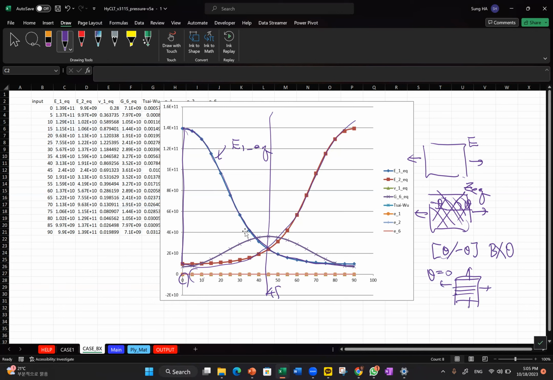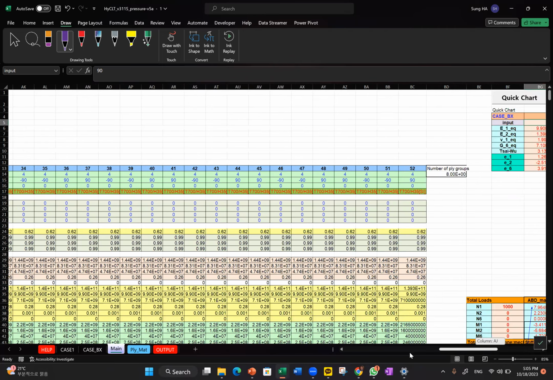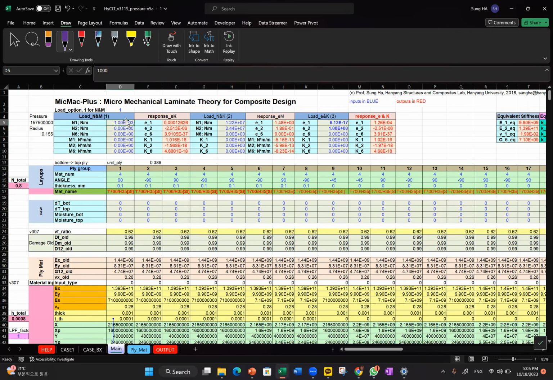So this is how we simply use this. We call it quick chart. Input can be anything. You can enter input here, anything in this area, and this area.